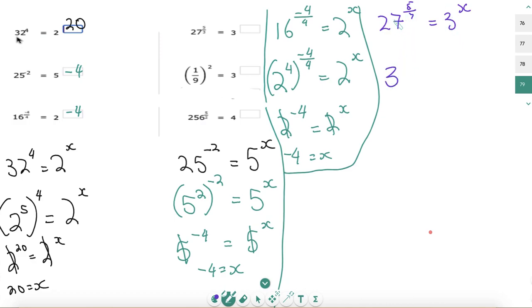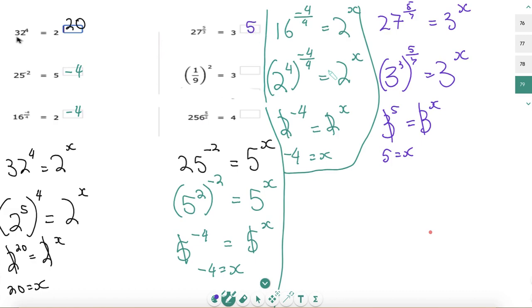Well, 3. 3 to the power of 3 makes 27, and that's being powered by 5 over 3. And here our base is already 3, so we can leave it as it is. Power of x. Inside outside rule. We multiply 3 times 5 over 3, which is going to be 5. So 3 to the power of 5 is 3 to the power of x. Cancel out the common base, so 5 equals x.